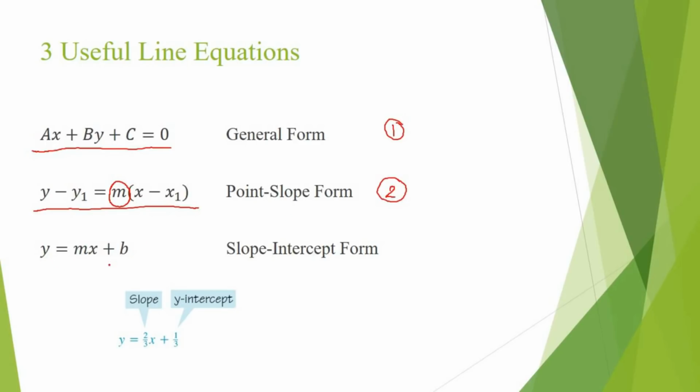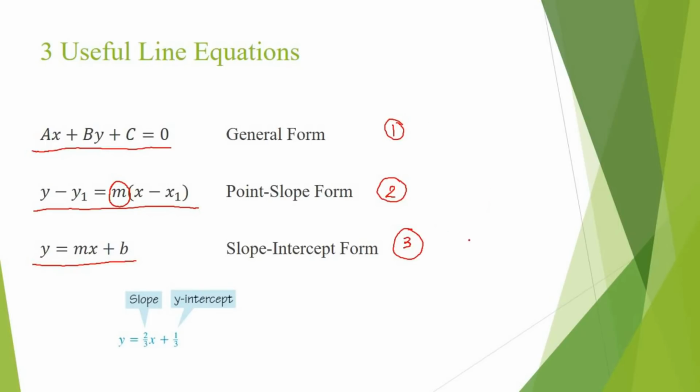Now another very useful equation is the slope-intercept form. The slope-intercept form is y equals mx plus b. These are the three most useful line equations when dealing with problems for equations of lines.